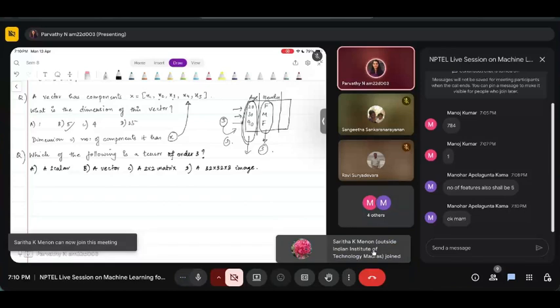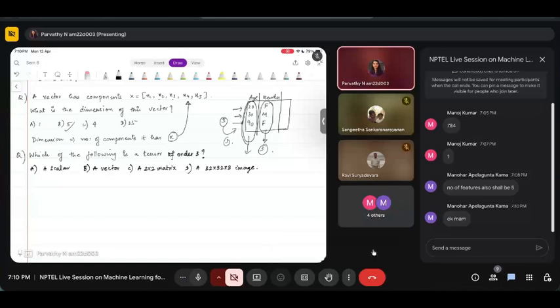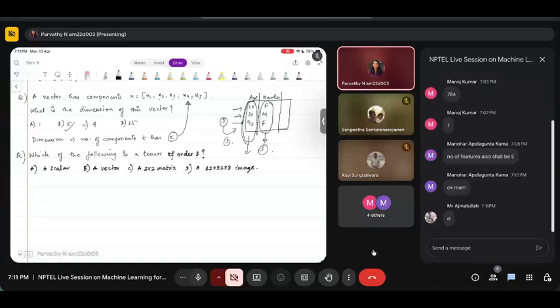A scalar, a vector, a 2 by 2 matrix, a 32 by 32 by 3 image. Yeah.